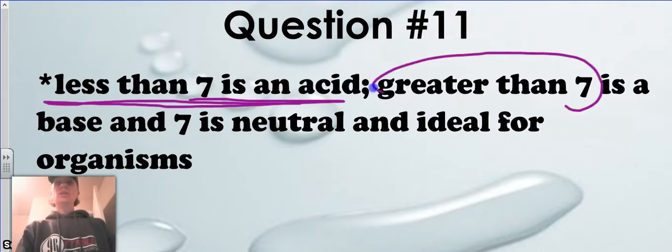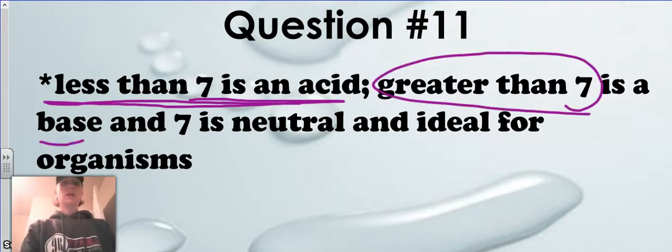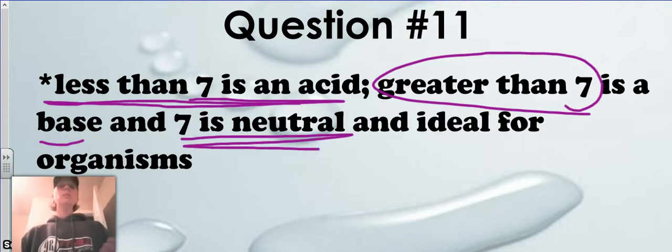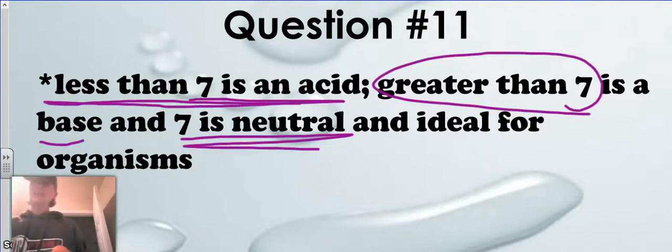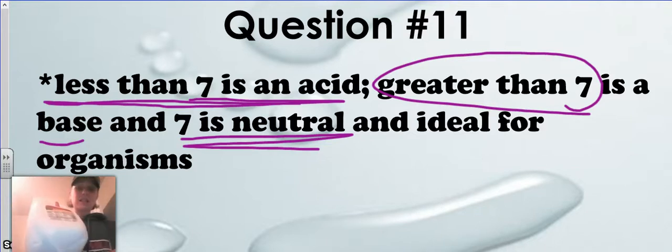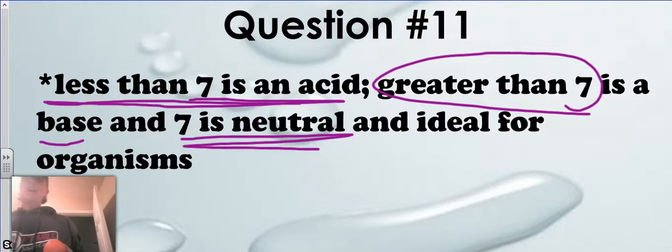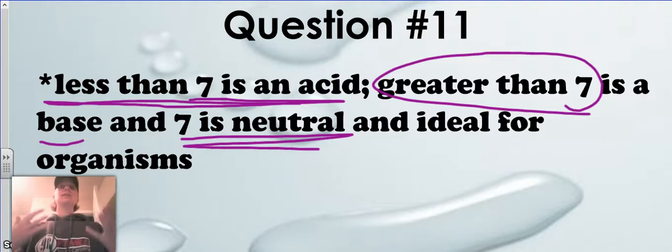Anything over 7 is considered a base. Anything that falls directly at 7 is neutral, and that is what a little fishy would like to live in. A fishy doesn't want to live in an acid, and really doesn't want to live too much in a base. A fishy wants an environment that is neutral, without any kind of stinging going on. An acid or a base, depending on how strong it is, could make that type of environment.